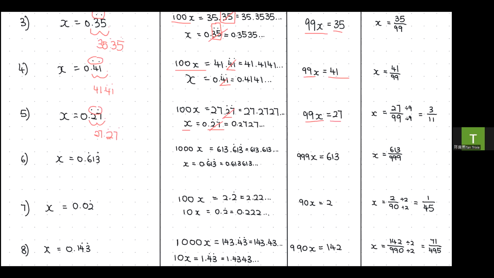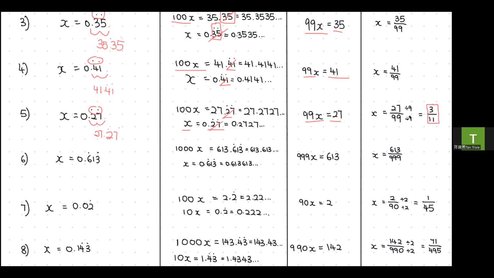So x equals 27 out of 99. But remember to simplify it: you divide by 9, 27 divided by 9 is 3, and 99 divided by 9 is 11. So the final answer will be 3 out of 11. If you didn't simplify, your answer will be wrong.